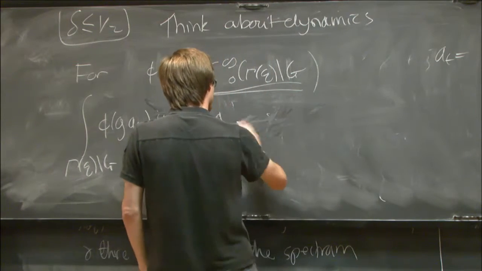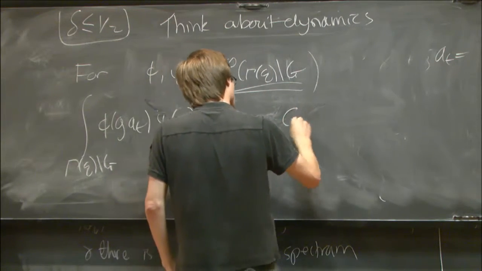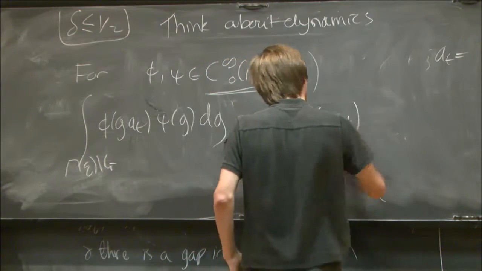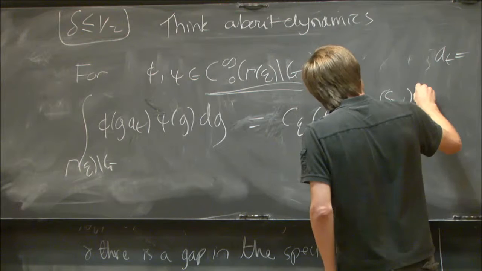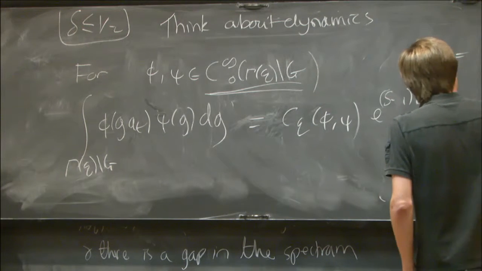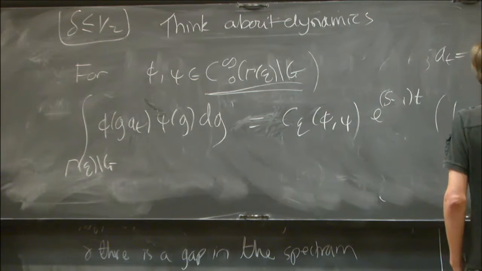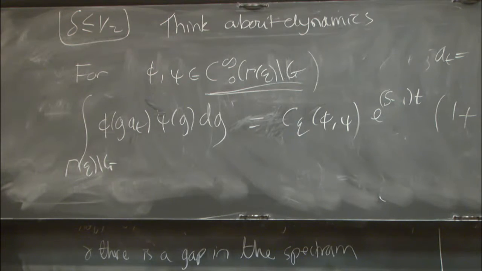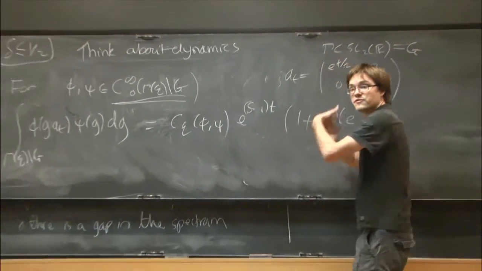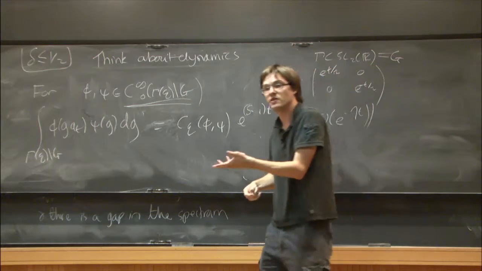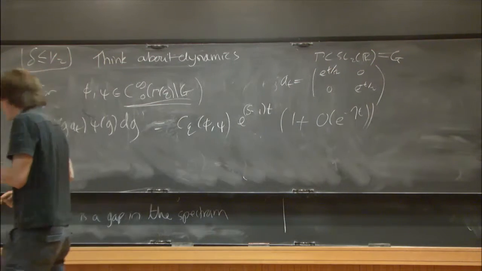And something nice here happens as well. So what we find is that this is some constant which depends on phi and psi, and then you get a decay term, and you get 1 plus O(e^{-ηt}), something like this. And what I want to say is this main term you should think of as corresponding to the bottom of the spectrum for the hyperbolic Laplacian.